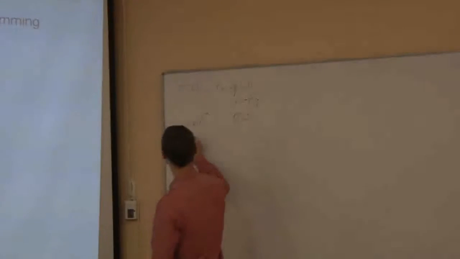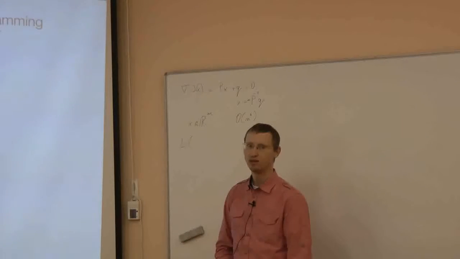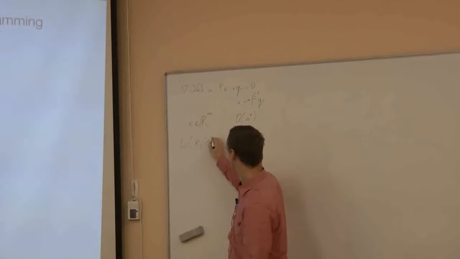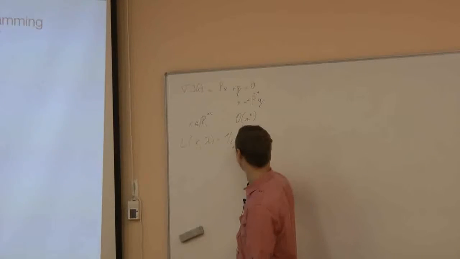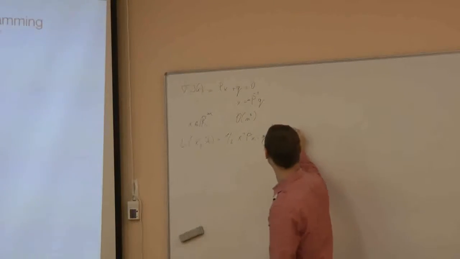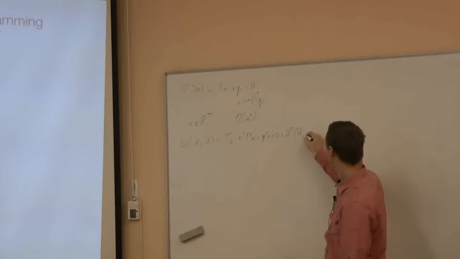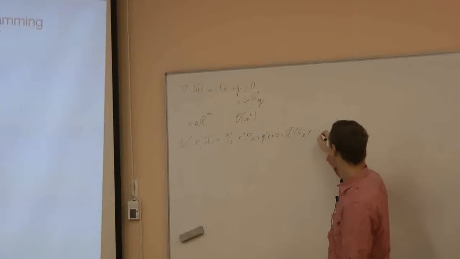We form the Lagrangian. What is it a function of? X and, say, lambda. Okay, and we know that the Lagrangian is just the original cost function plus lambda transpose times the residuals of the constraint. So A equality times X minus B equality.